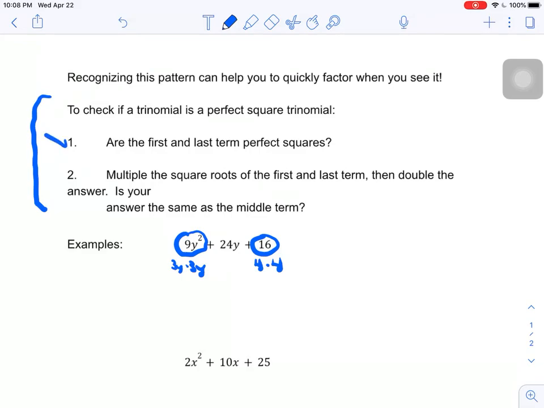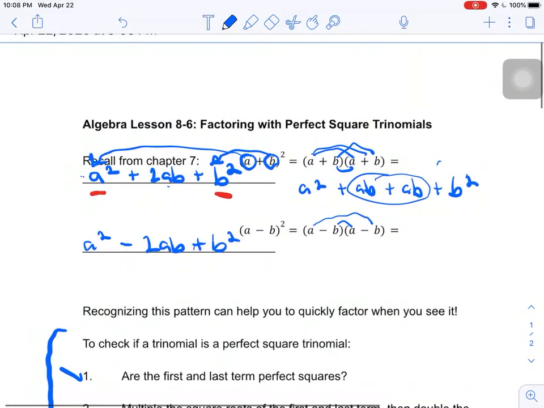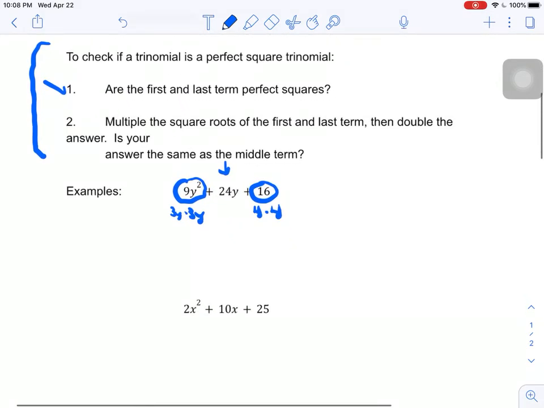Now I have to check and see if the middle term is following the correct pattern. Is it following that 2 times a times b pattern? To see that, I want to take the square roots of the first and the last term. That would be 3y and 4. I'm going to multiply them together, so that gives me 12y.